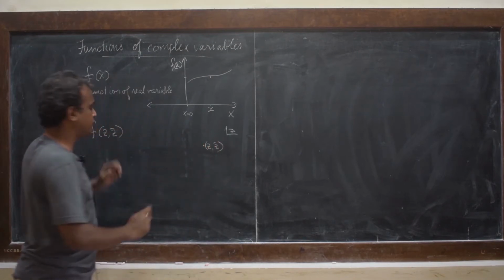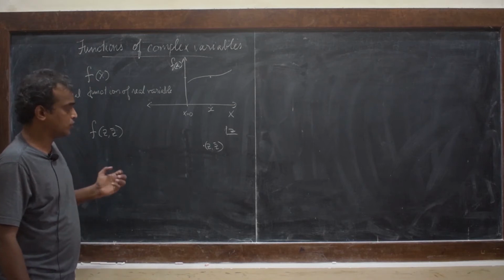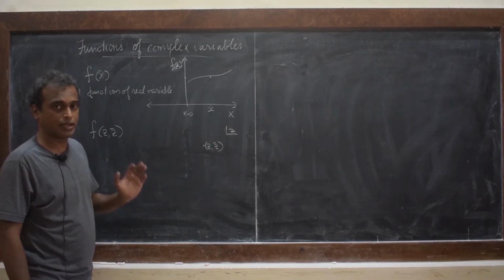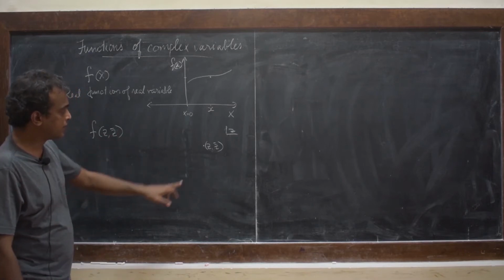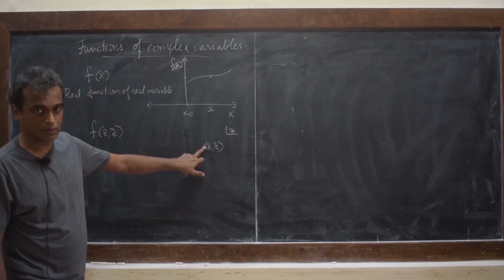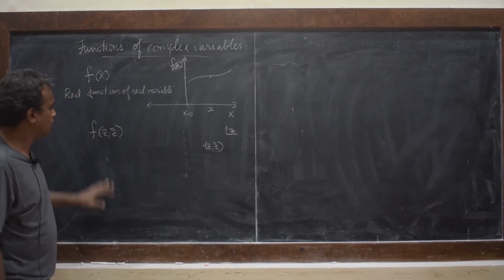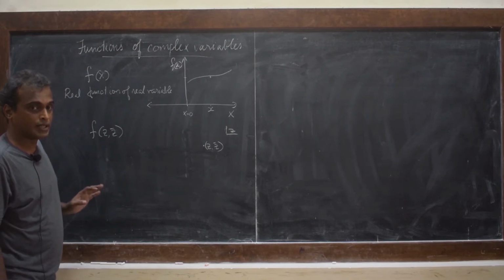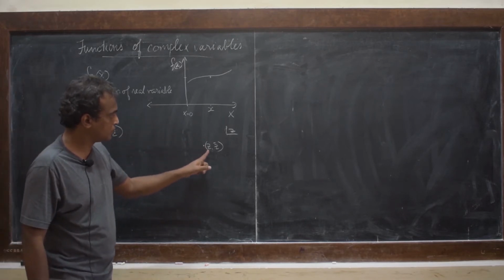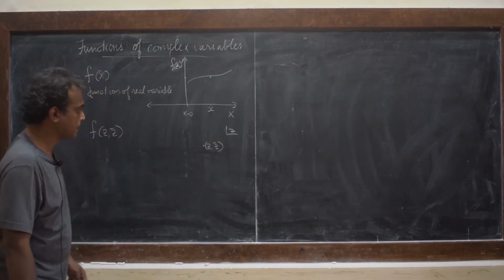A function of z and z bar would then mean associating a complex number with that point. So, f of z comma z bar for us would mean a complex number assigned to the point with coordinates z and z bar.